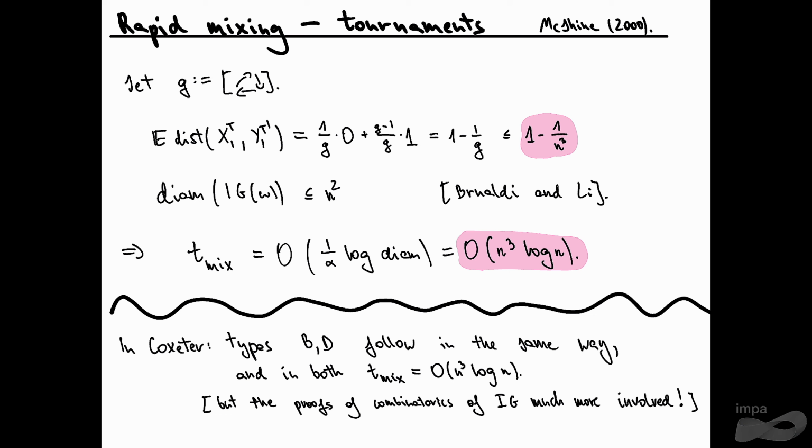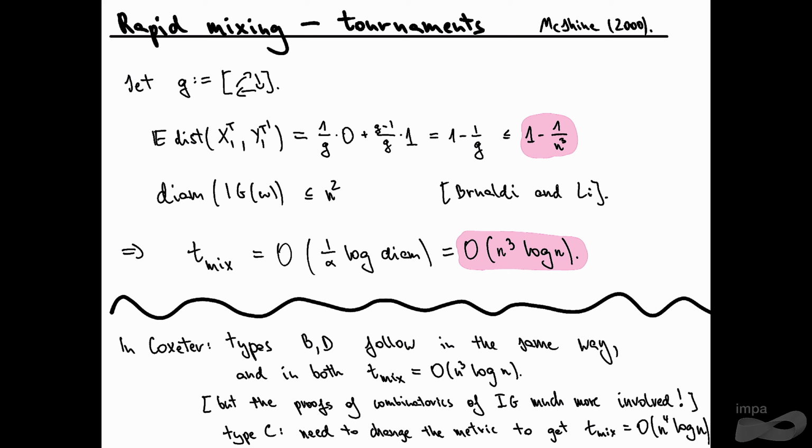The story is the same; the combinatorics is a bit more involved. But in type C, in these loops, however arbitrary they are, we can prove that you are not able to find a contractive coupling. You can find a coupling that will stay at the same distance, which is not super nice, but it's still enough to get some rapid mixing.